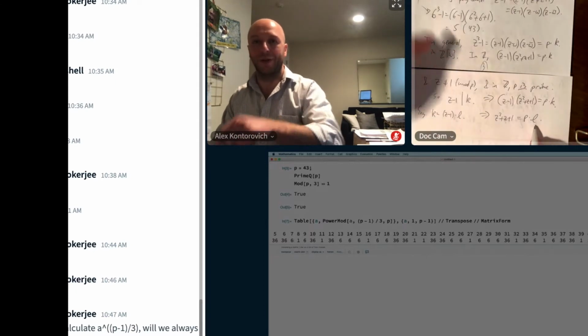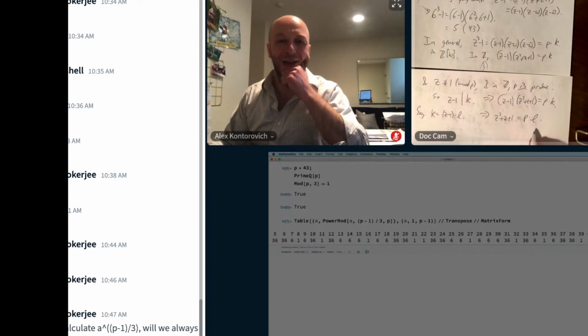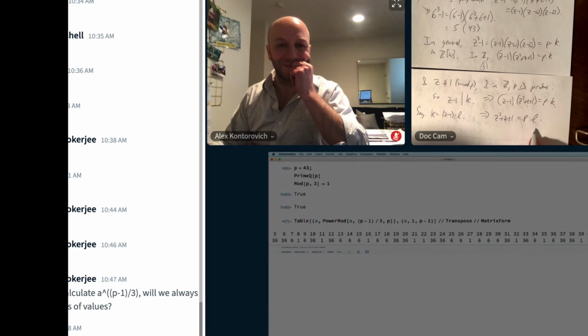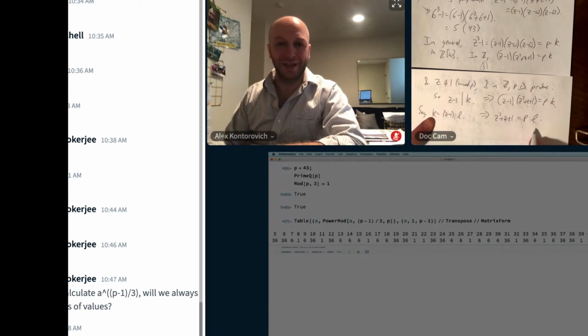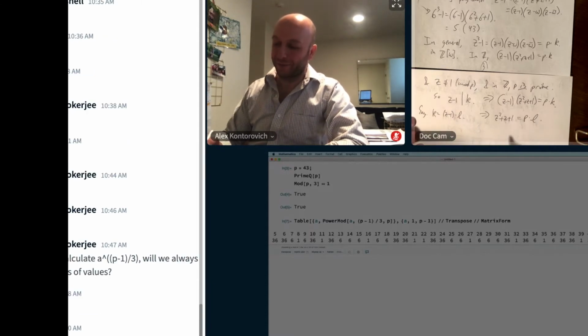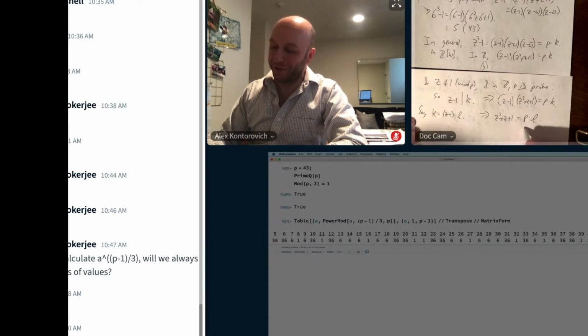What's L in our example? In our running example up here? Can you write your answer in the chat? Let's see if this is making sense. K is 5 in our example. Z is 6. P is 43.